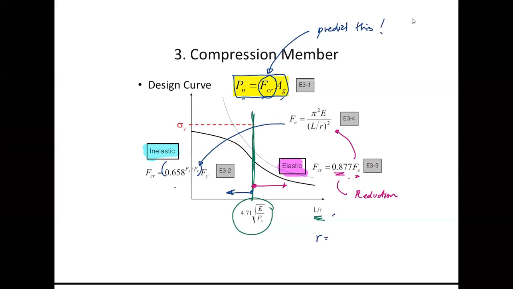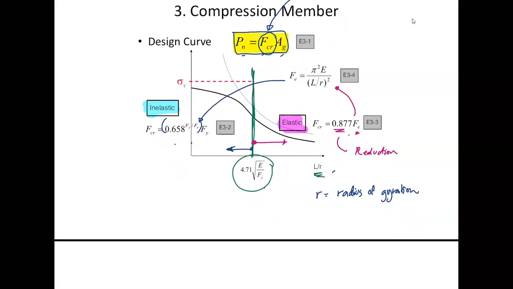Remember that r is the radius of gyration, not the radius of the fillet, right? If the L over r is greater than this limit, you go into the elastic behavior, and this is your prediction. If it's less, you go into the inelastic behavior, and this is your prediction. Simple as that.